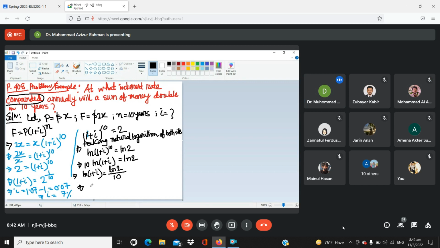Yes, sir. So in that case, we use what we have learned previously: 1 plus I equals e to the power ln 2 divided by 10, the conversion from log to the exponential function of e. So what is the value of e to the power ln 2 divided by 10?